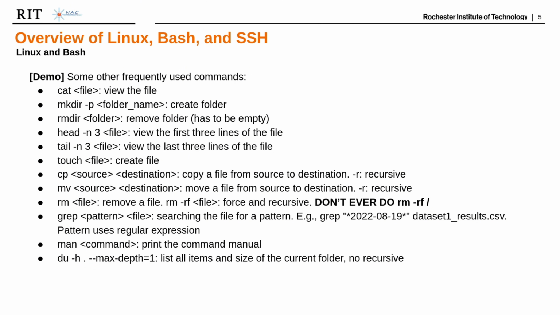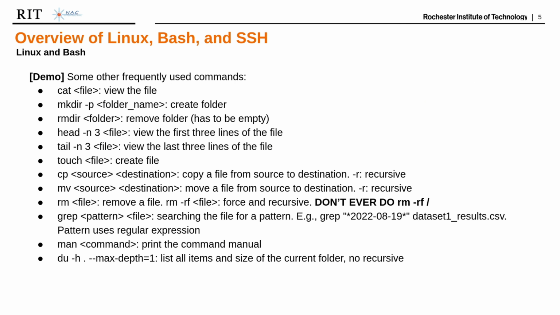Next, touch file, which creates a file. cp is copy, we're copying a file from the source to the destination. mv is move, so we're moving the file from source to the destination. Next is rm file, which removes a file. We can use this in place of rmdir. This rm command has more utilities and can be used to recursively remove a file or a folder.